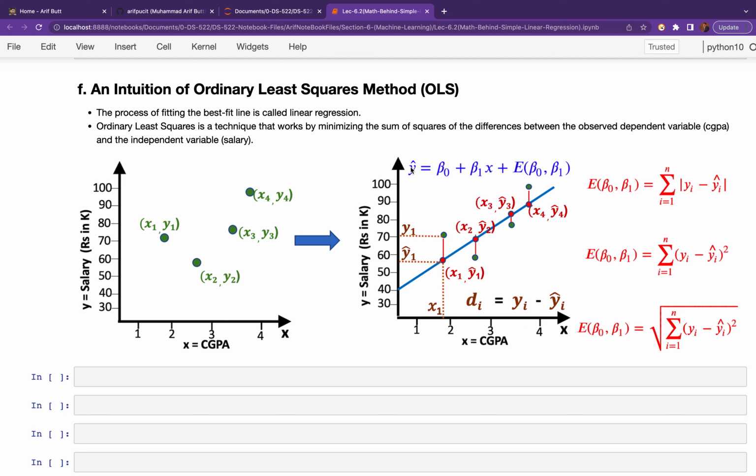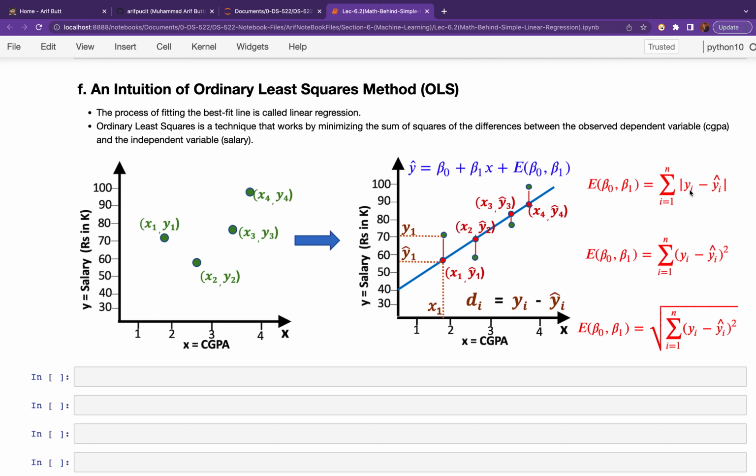My dear students, we actually want to find these two values, that is beta naught and beta 1, which are the regression coefficients, that is the y-intercept and the slope. So that when we plug these two values into this blue equation, this gives us the minimum value of this error function. And this error function can be calculated using these three formulas shown in red over here.